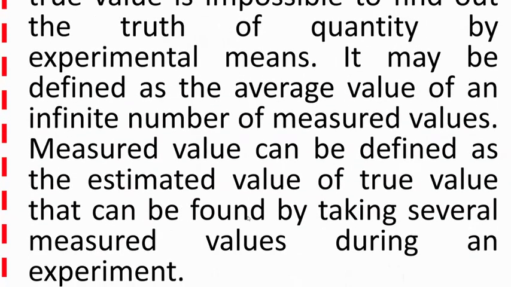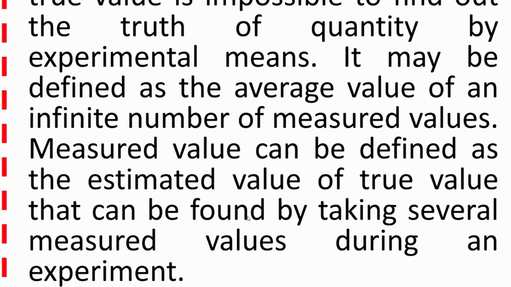In other words, you might get a true value by measuring so many times that you find the average. Now, measured value can be defined as the estimate value of the true value that can be found by taking several measurements. In other words, the measured value is the one you measure.